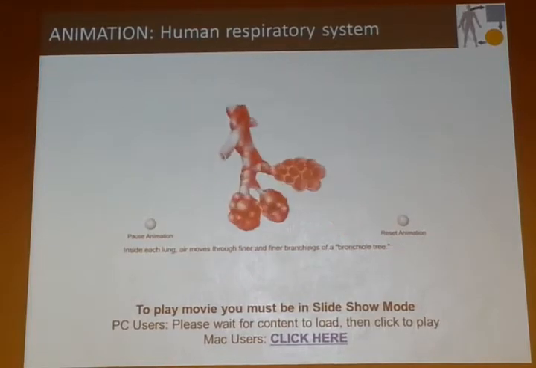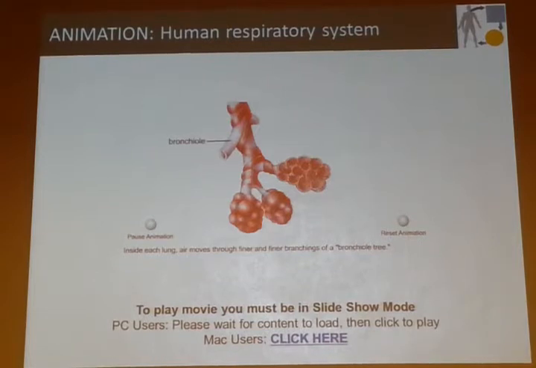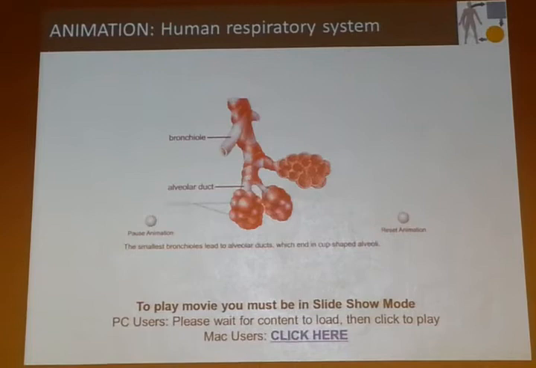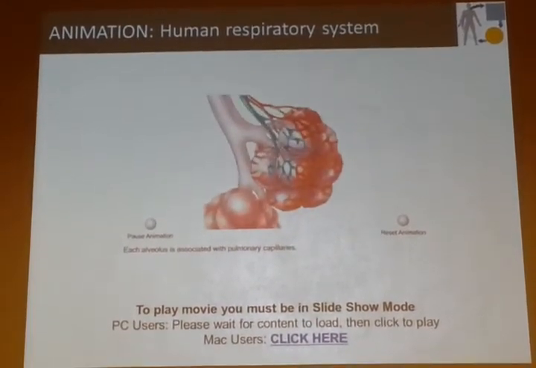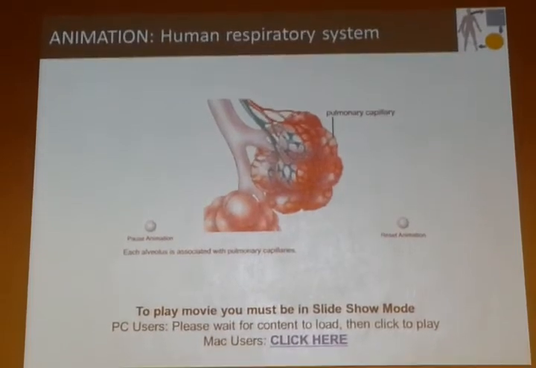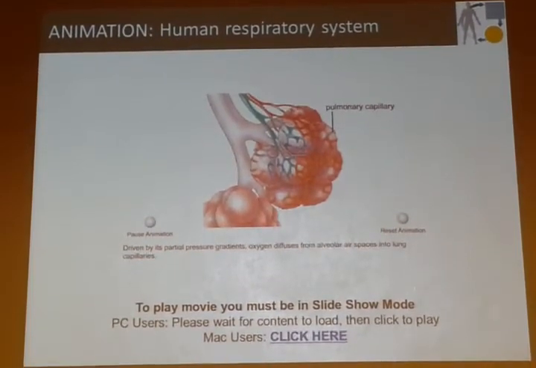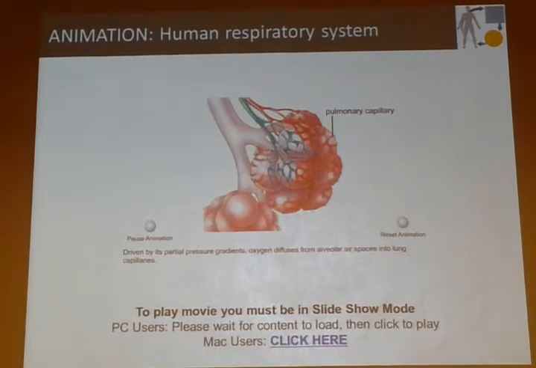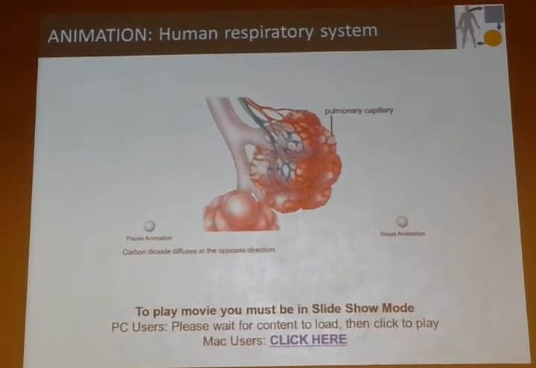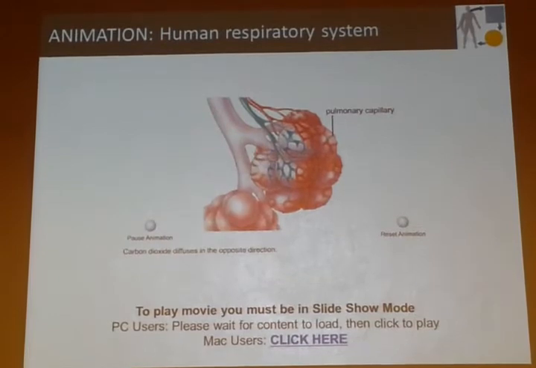Inside each lung, air moves through finer and finer branchings of a bronchial tree. The smallest bronchioles lead to alveolar ducts, which end in cup-shaped alveoli. Each alveolus is associated with pulmonary capillaries. Driven by its partial pressure gradients, oxygen diffuses from alveolar air spaces into lung capillaries. Carbon dioxide diffuses in the opposite direction.